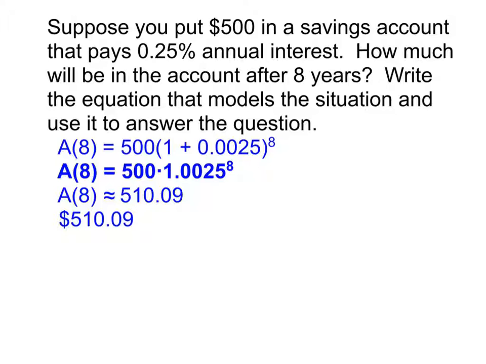You should be getting an answer of 510.09, so $510.09. I did not tell you what to round to, but I would expect you to know. Because we're talking about money, you should always round to the cent, that is, to the hundredth place. So there's our final answer.